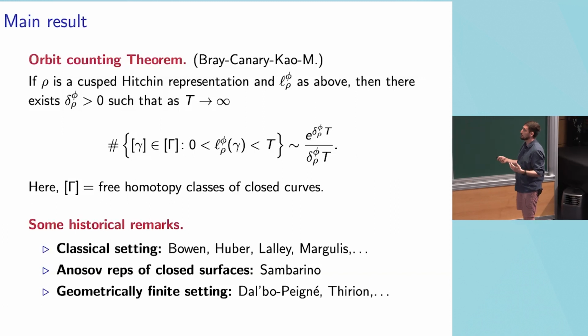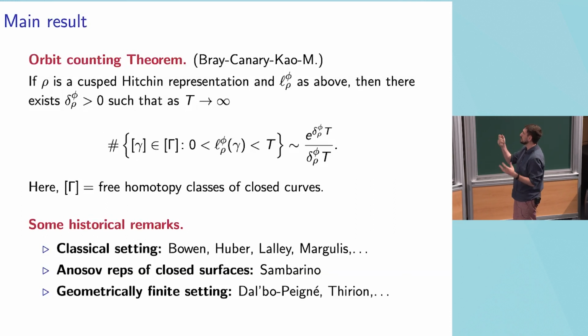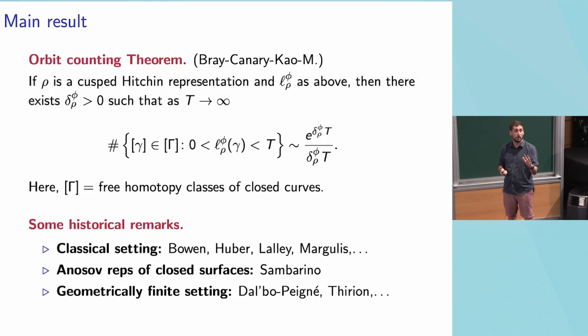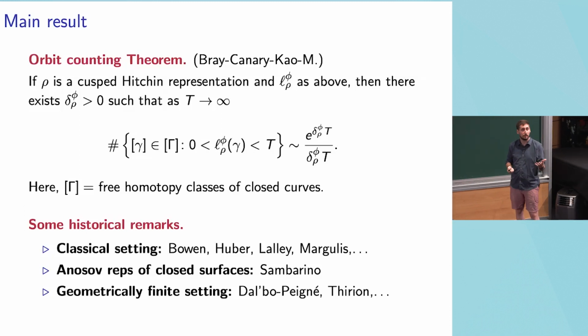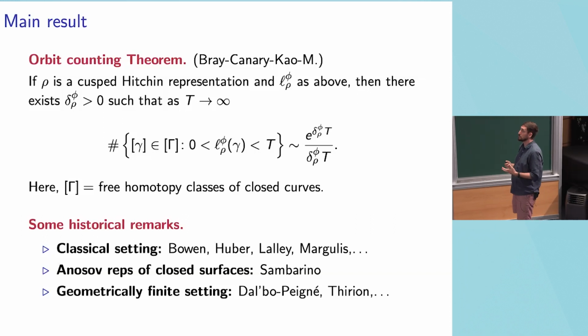But for instance, for closed surfaces, there is early work of Huber, Margulis, Bowen. Maybe a comment for the experts: we do not use Margulis' strategy to prove this theorem. We generalize a strategy due to Lalley to prove this theorem. When I look at an Anosov representation of a closed surface, this is due to Sambarino.